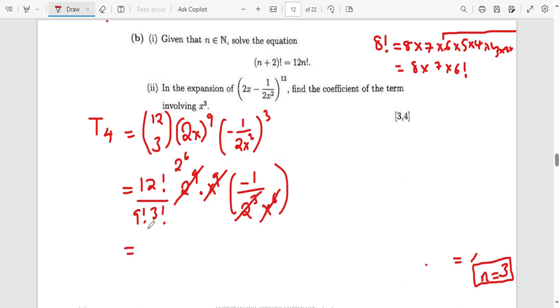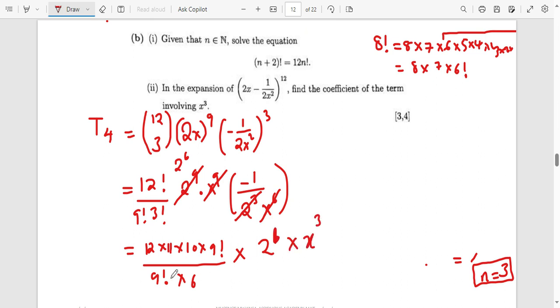So this becomes the 12 factorial. I can write it as 12 times 11 times 10 times 9. At 9, I'll end and put a factorial, strategically, because in the denominator there is also a 9 factorial. Then 3 factorial is actually 3 times 2 times 1, which is 6. And then remember, we have got times 2 to the power 6, and then times x to the power 3. 9 factorial cancels the 9 factorial.